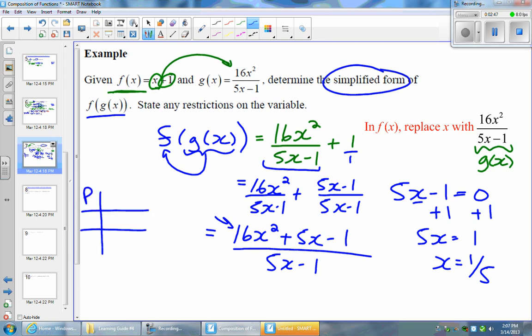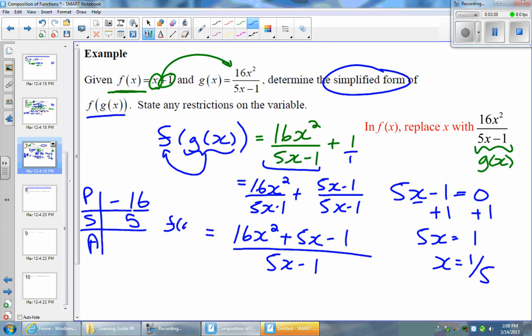So PSA, and our product is going to be negative 16, and our sum is going to be 5. If you take a look, there aren't any numbers that fit this situation. Therefore, my simplified form is just written as is.